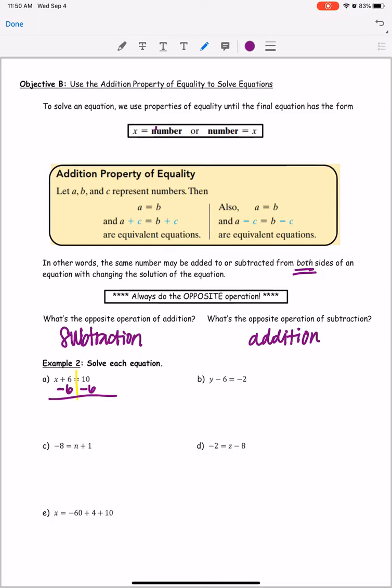So 6 minus 6 is 0. Instead of putting 0, we just cancel that out. That's the whole goal, to eliminate that plus 6. So the only thing I have now is this x over here. So I have x equals, and over here, 10 minus 6 gives me 4. So that is my solution.